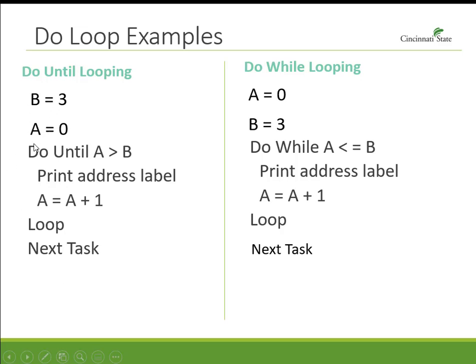We have a variable A and a variable B. We will do until A is greater than B. In our example, we are going to print an address label and we will increment A by 1 and continue to loop until A is greater than B. And as soon as that occurs, you come out of the loop and you go down to your next task.